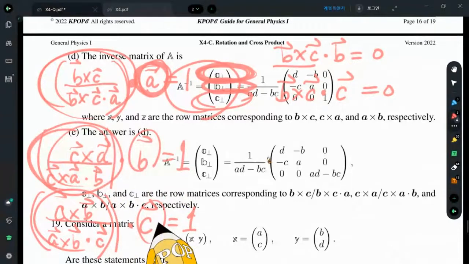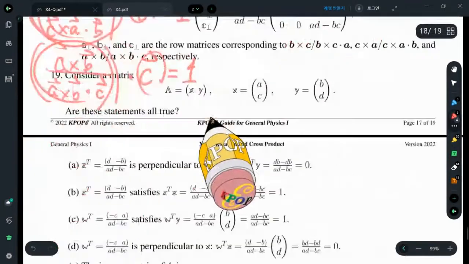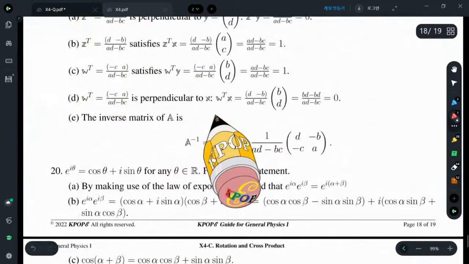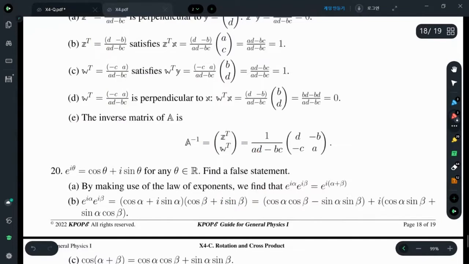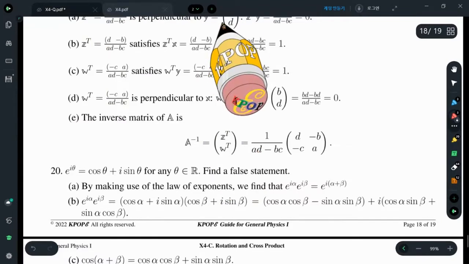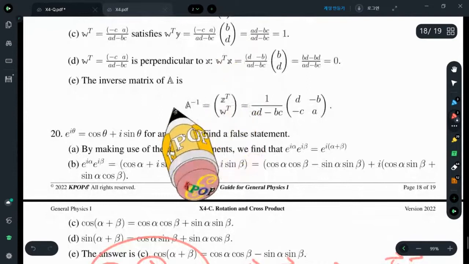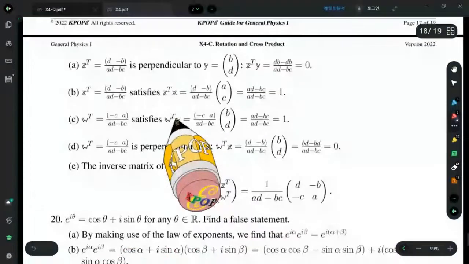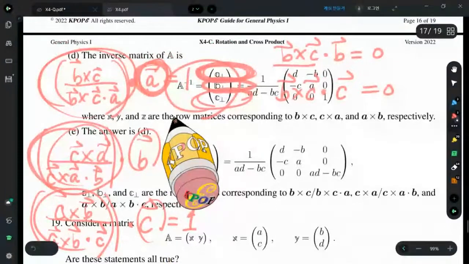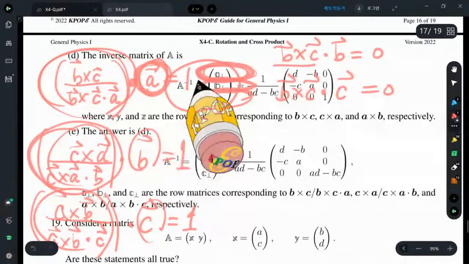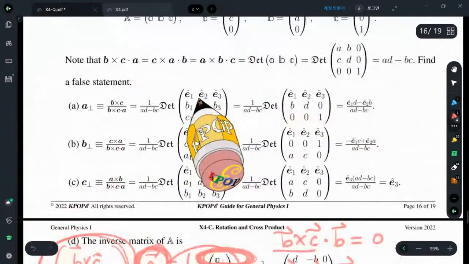Anything else vanishes. That's the reason we can make use of the triple scalar product to find the inverse matrix of any 3 by 3 matrix. The only way to understand this is to train yourself by solving these problems repeatedly.